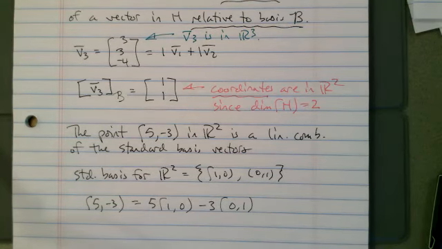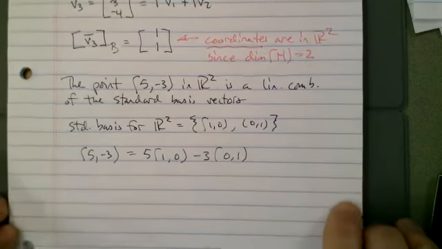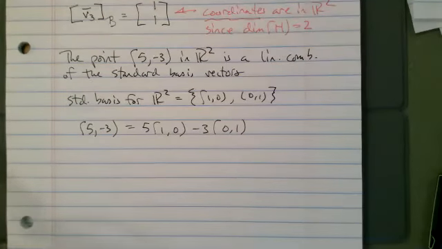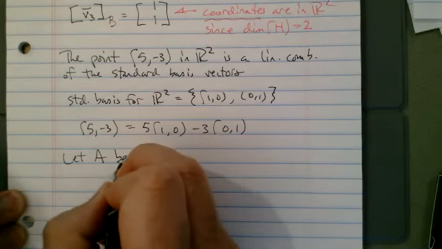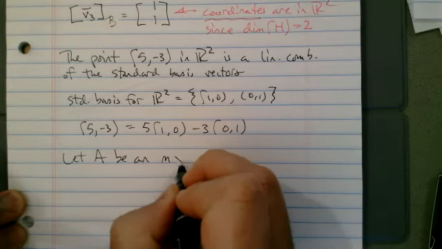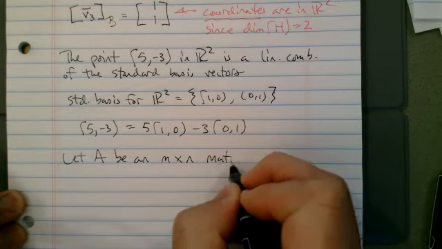Last thing, when we're given a matrix, there are 2 important subspaces of Rn to consider. So let A be an M by N matrix.